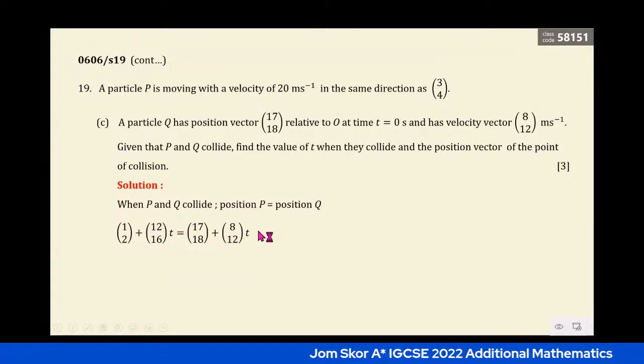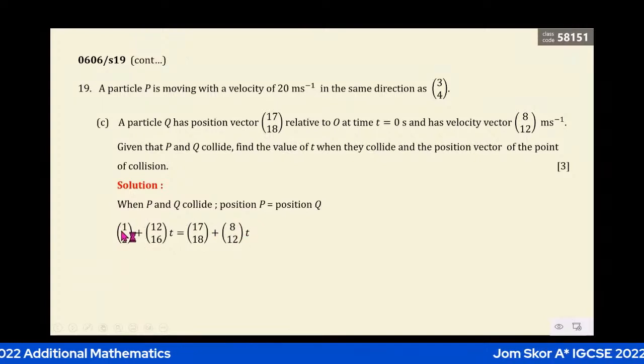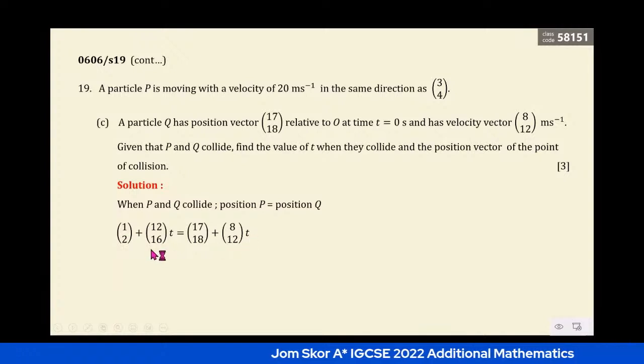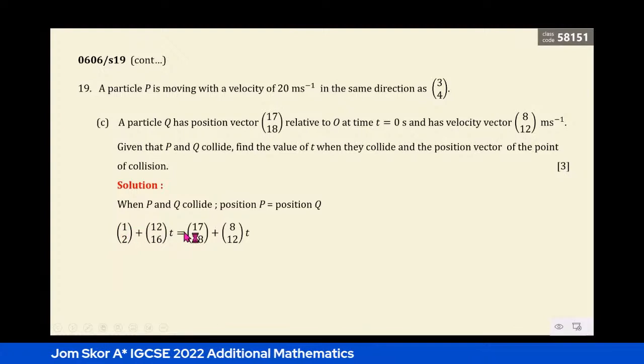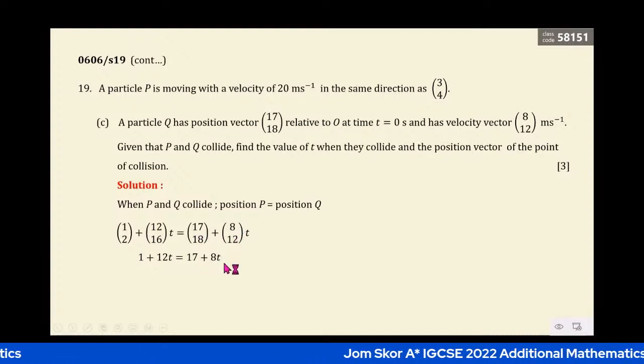Alright, so now we can solve the problem. Alright, so it's either you take the horizontal movement, which is yang ke atas, or you take the vertical movement, which is dekat bawah ni. Okay, either one. Alright, so I will take the yang ni. I will compare yang atas ni. Alright, so 1 plus 12T is equal to 17 plus 8T.